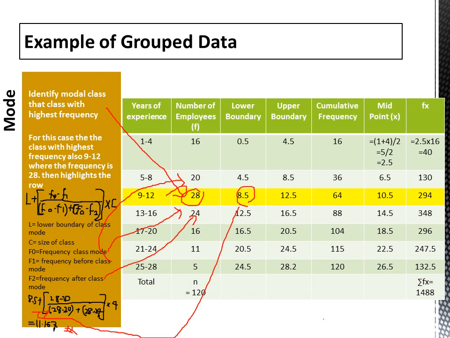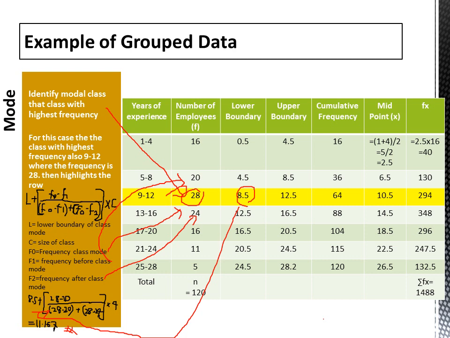Calculating the class size is the same as how you identify the class size for the median. Now solve the calculation: as usual, you need to solve the information in the bracket first, and then times 4, and then plus 8.5. So the result is 11.167.